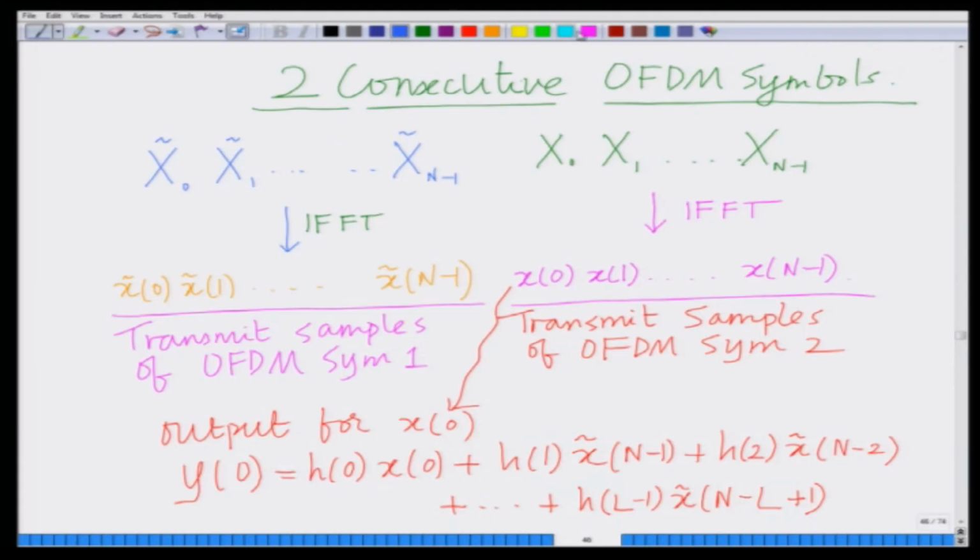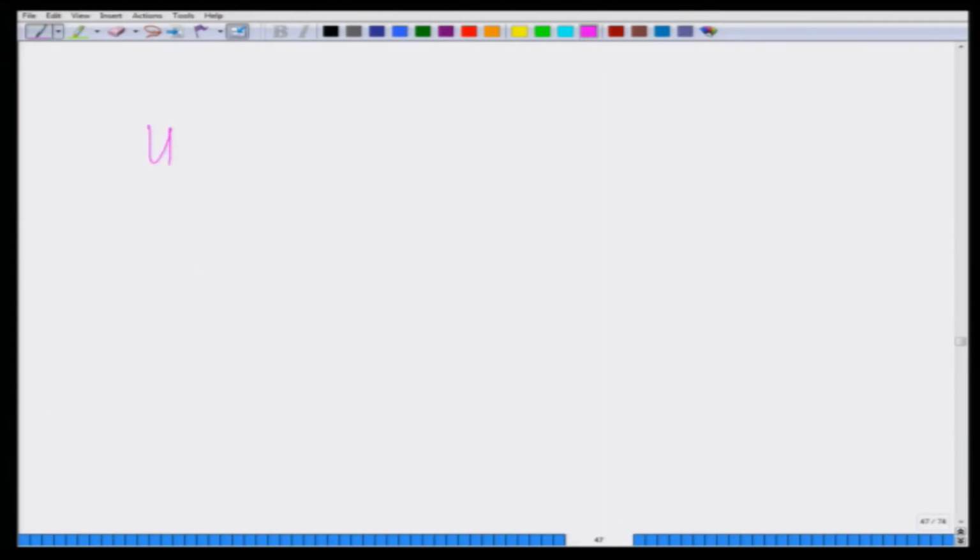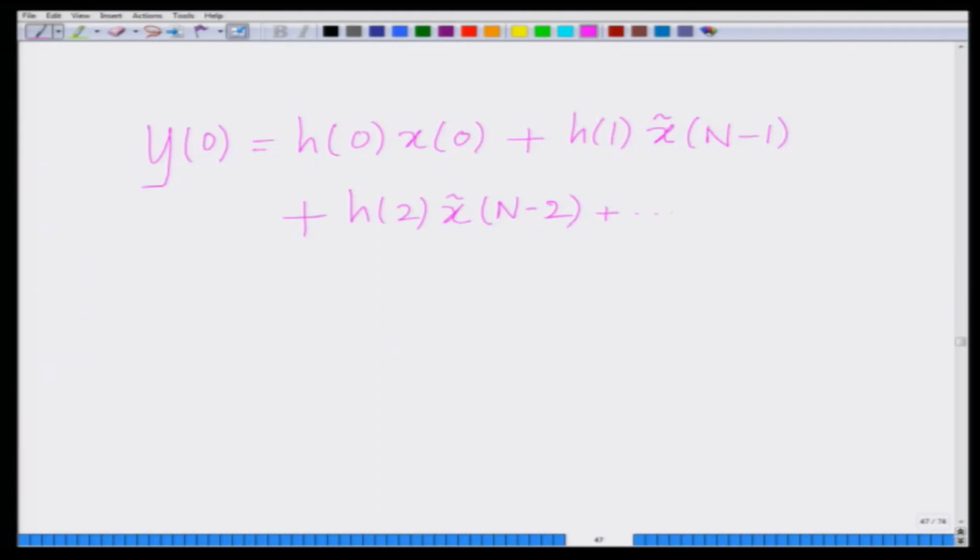Let me write it again clearly: y of 0 equals h of 0 x of 0 plus h of 1 x tilde of n minus 1 plus h of 2 x tilde n minus 2 plus h of L minus 1 x tilde n minus L plus 1, and if you can see, these are the samples from the previous block.